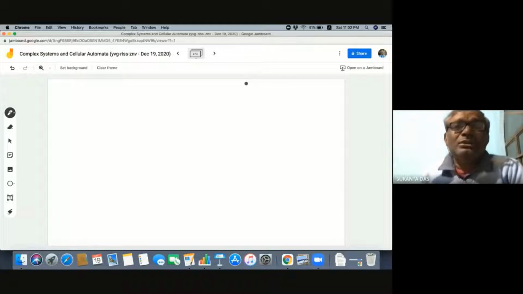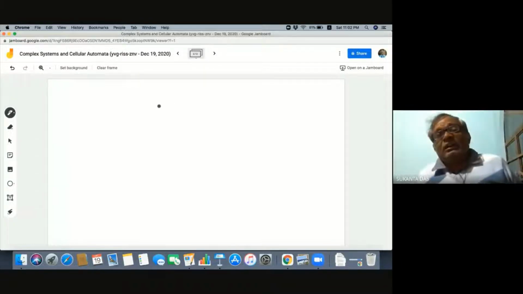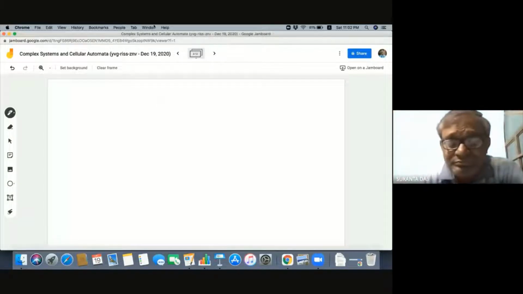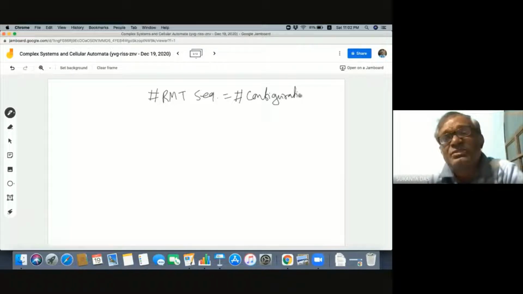Okay. Now, how many RMT sequences can you get? It's a very simple question. The number of RMT sequences is actually the number of possible configurations, right?